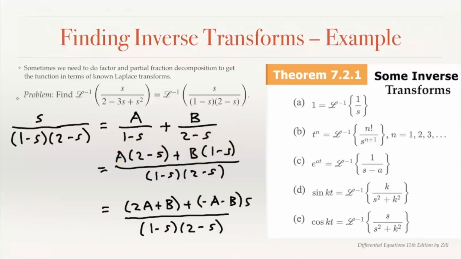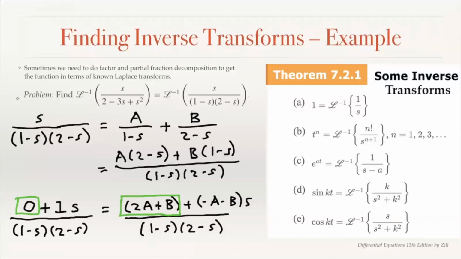So factoring out the s, we have that. And that has to be equal to this left-hand side, and we write the numerator there as 0 plus 1 times s, because we want to equate coefficients. So that means that 2a plus b must be equal to 0, and 1 must be equal to negative a minus b. So those two are equal.